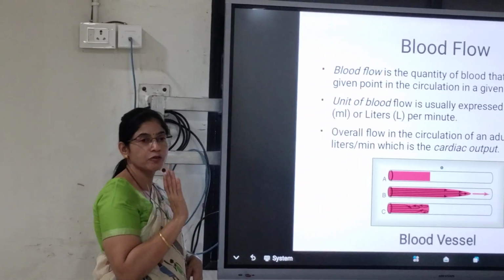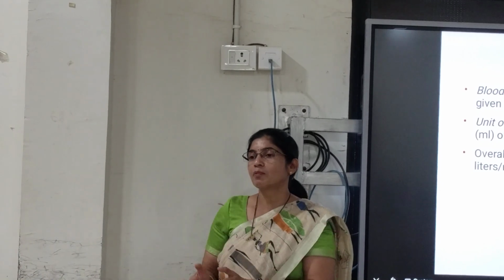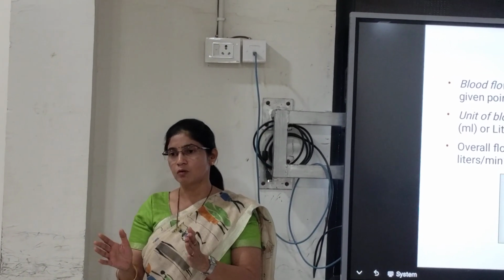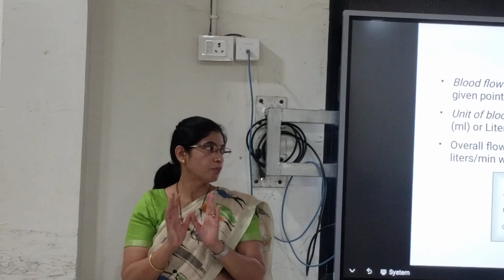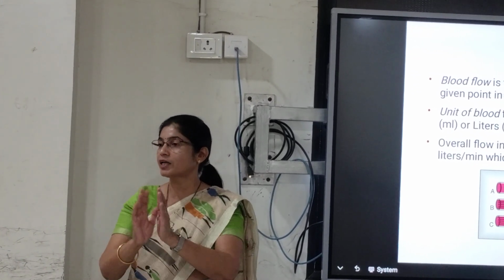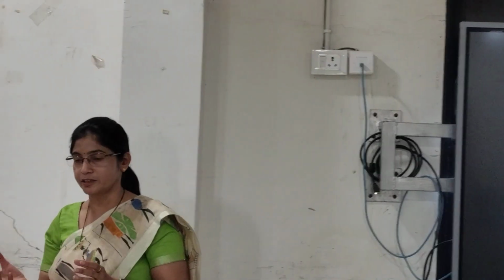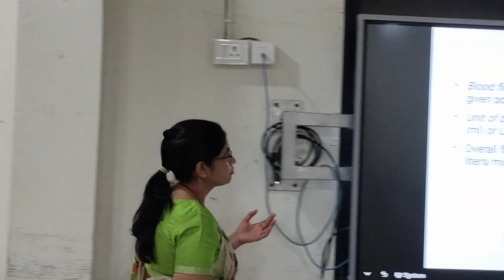Normally in your circulation we have laminar blood flow. The blood vessel walls are very, very smooth, and there is a proper distribution of red cells and plasma, which provides the laminar flow. If this laminar blood flow is affected by any compression or obstruction, it will change into turbulent blood flow, and in that condition there is an increase in your blood pressure.